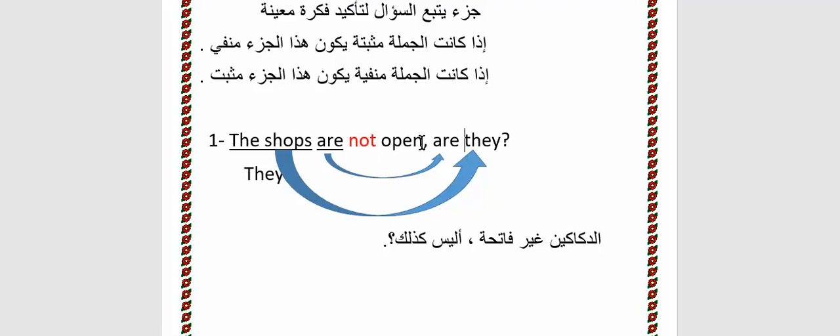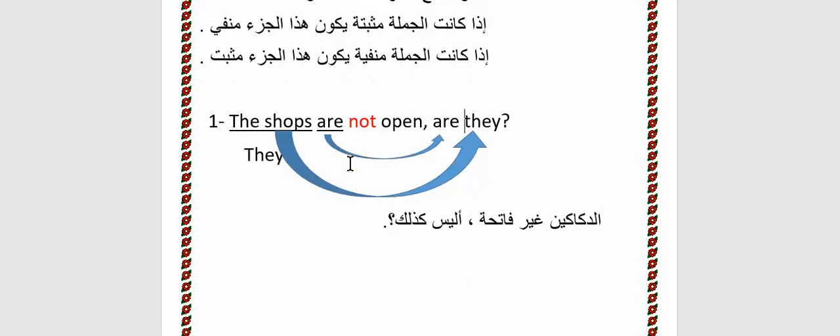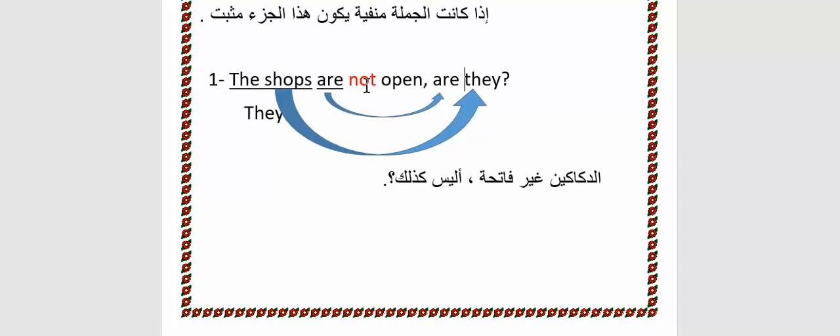If this part is positive, this would be negative, and if this part is negative, this would be positive. So because here we have not, here we don't have not.